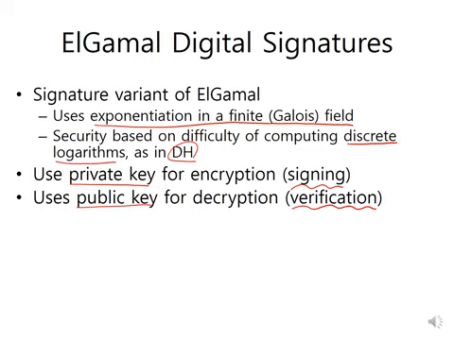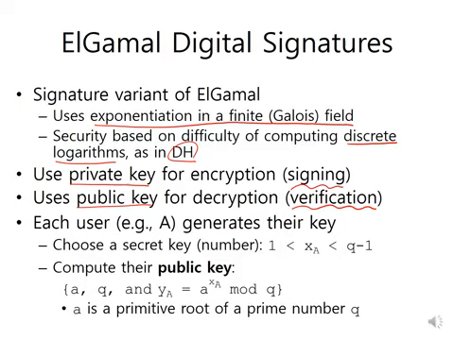And then let's see how the algorithm is working. This is the key setup procedure. Each user, let's say this is A, generates their key information like this. At first, they choose a secret key XA between 1 and Q-1. After that, the user computes the public key like this: A, Q, and YA.